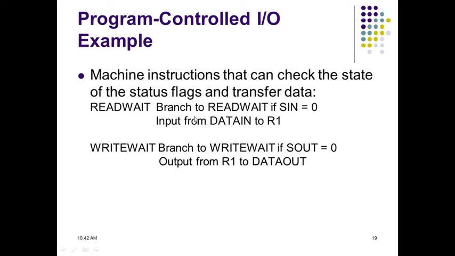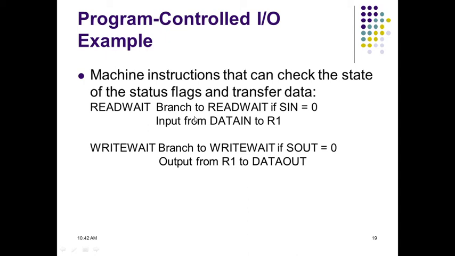These instructions are similar in format to those used for moving data between the processor and the memory. Here the branch operation is usually implemented by two machine instructions. The first instruction tests the status flag and the second performs the branch.